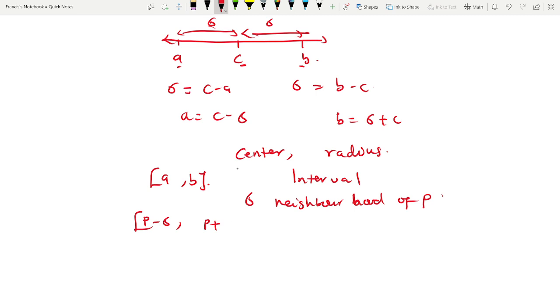So P plus delta, and this gives me my interval. So this becomes the delta neighborhood of P. That is all. Representing this graphically, you have your center to be P, and now you are moving to this side delta, this side delta. So what will be your endpoint? We are interested only in the endpoint, and that is all about neighborhood.